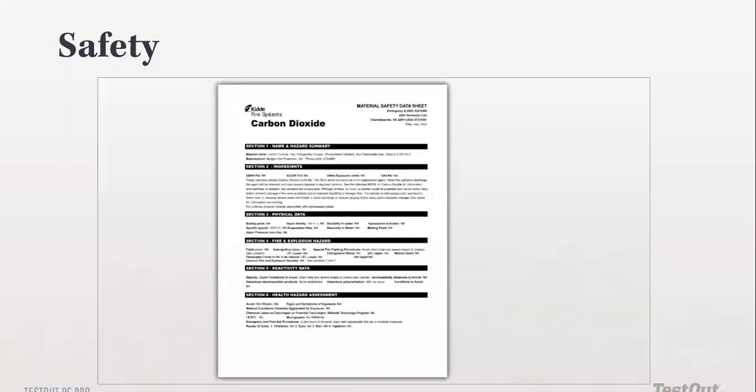Say for instance, you're working with a particular type of alcohol while cleaning your PC, and it enters your eye. The manufacturer of that component will provide an MSDS on their website that is going to tell you how you assess health hazards.